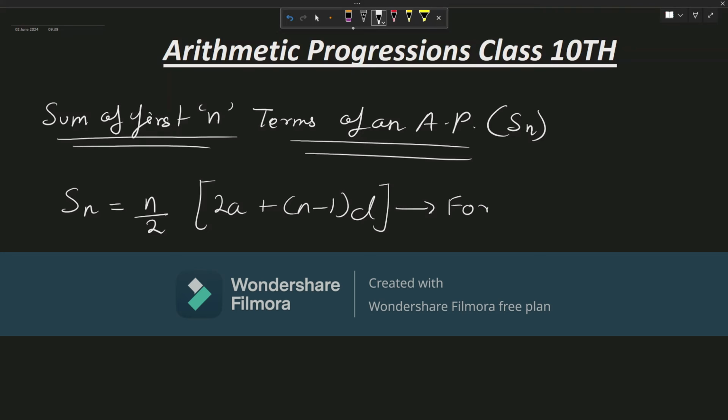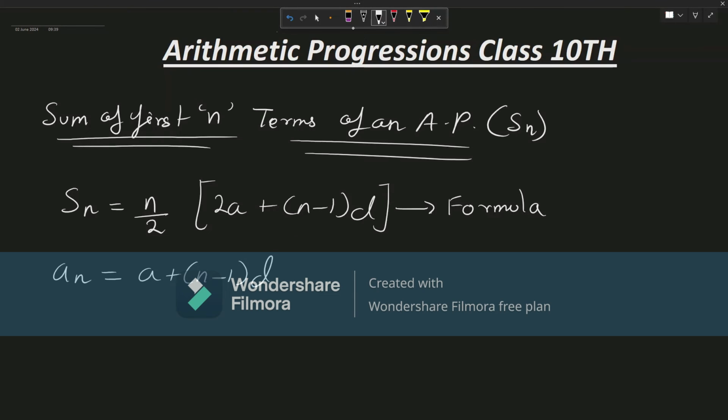Now if you like, you can modify this formula. This is another formula; I mean, there are two formulas. In this formula of the sum of n terms of an AP, there is one more formula, of an. So what is an? an is equal to a plus n minus 1 d, right?